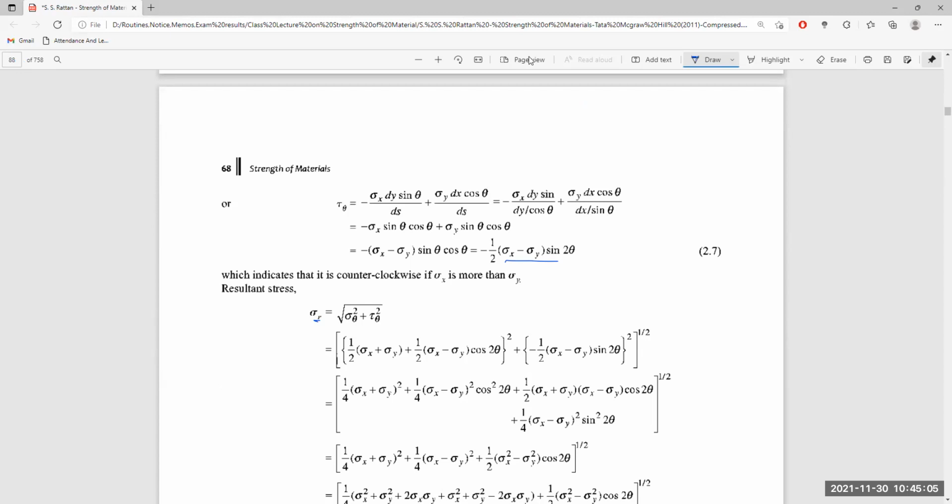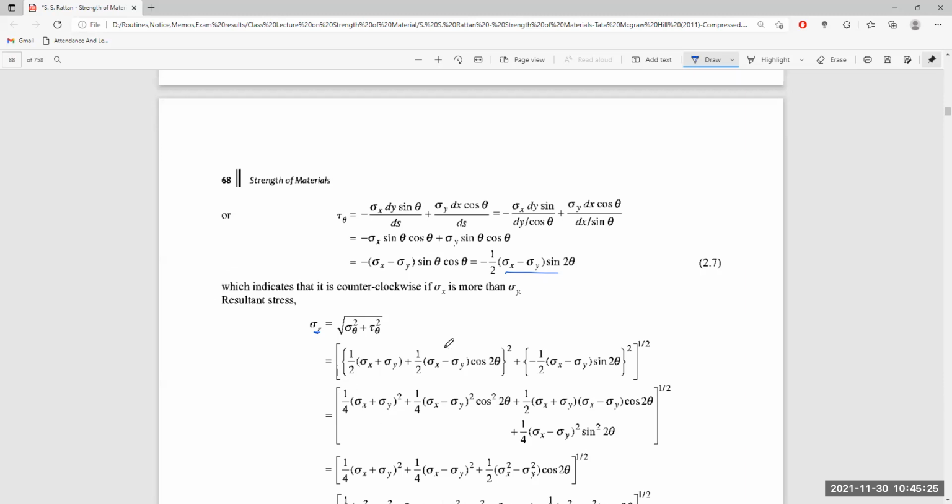So if we put in the value of sigma theta, that is half of (sigma x plus sigma y) plus half of (sigma x minus sigma y) cos 2 theta, whole square, plus tau theta, that is minus half of (sigma x minus sigma y) sin 2 theta, whole square, which is given here.